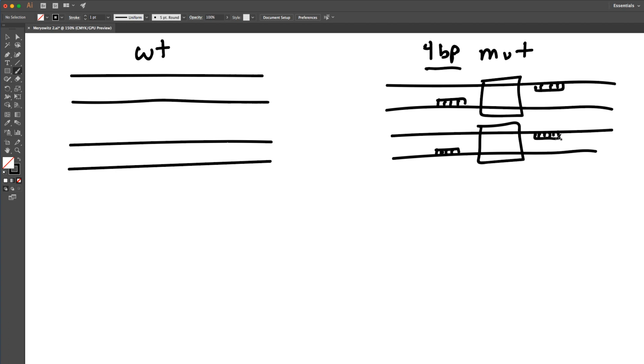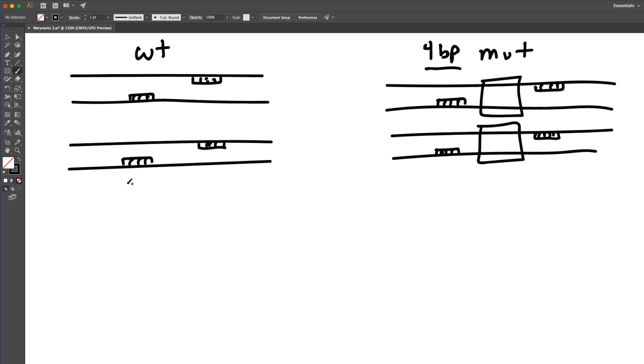And those same primers will also bind to the same sites in the wild type form, but the 4 base pair insert doesn't exist in this particular case.